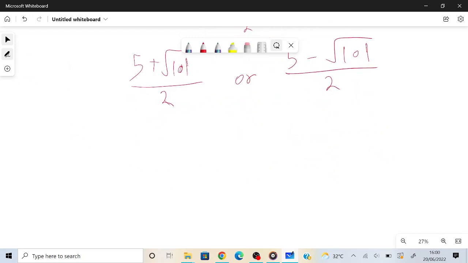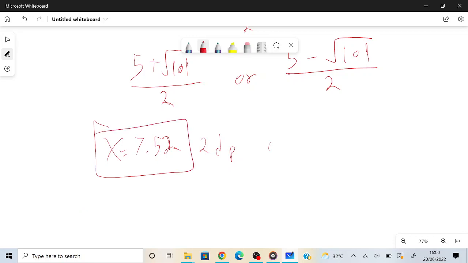So using a calculator, 5 plus root 101 divided by 2, this gives x is equal to 7.52 to 2 decimal places, or x is equal to 5 minus root 101 divided by 2. This is x is equal to minus 2.52 to 2 decimal places.